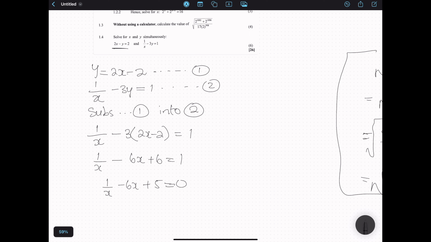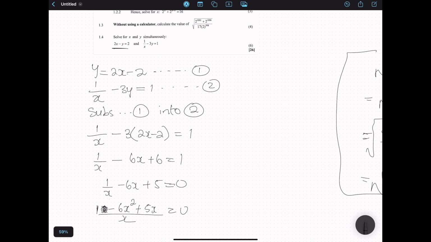Then from there, you just have to simplify this. You can just have x divided by x minus 6x squared plus, this will be 1, sorry about that, 1 minus 6x squared plus 5x is equals to 0.